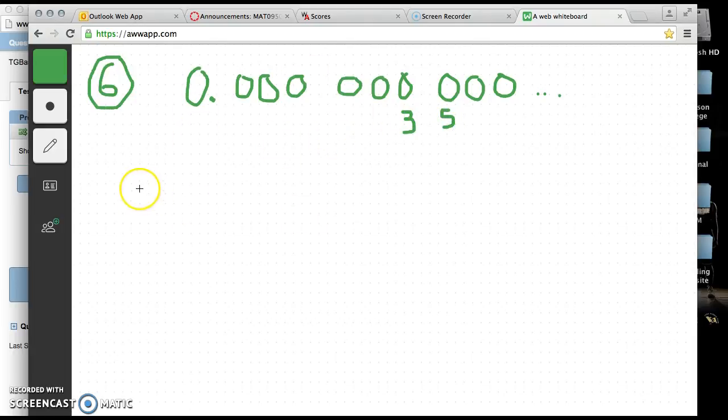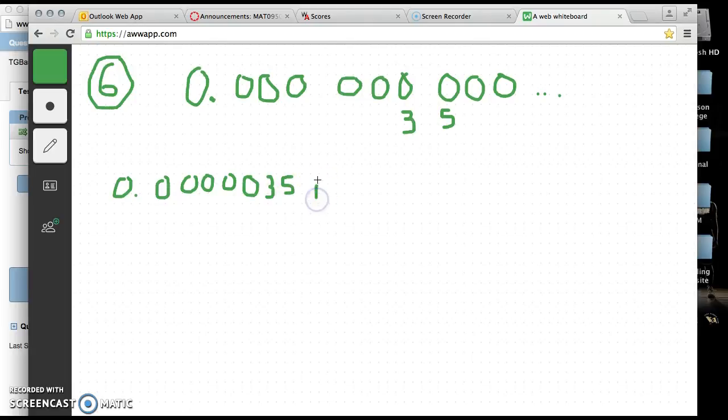So when we actually wrote this whole thing out, you would end up with 0 point, and then 1, 2, 3, 4, 5 zeros, followed by 35.